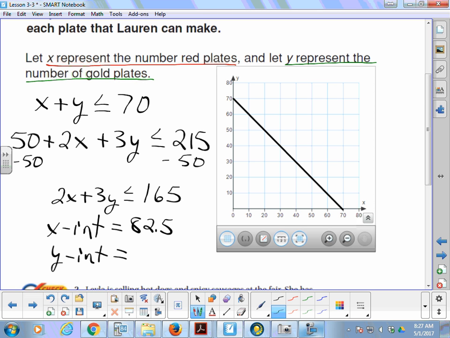No? 55, okay. So my y-intercept is 55. All right, so that one goes there. My x-intercept is 82.5. All right, so that's a little bit past my end down here. It's probably close right there. All right, now draw that line.